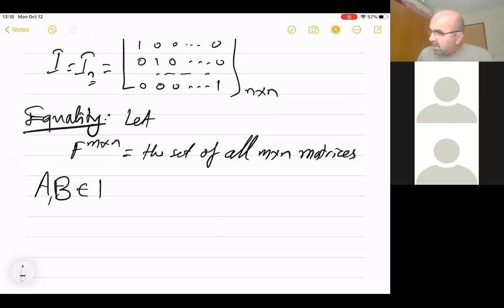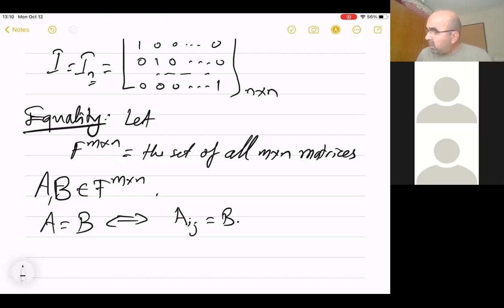Two matrices of the same size are equal, A is equal to B, if and only if each of the corresponding A_ij is equal to B_ij for all ij in the domain of the function.